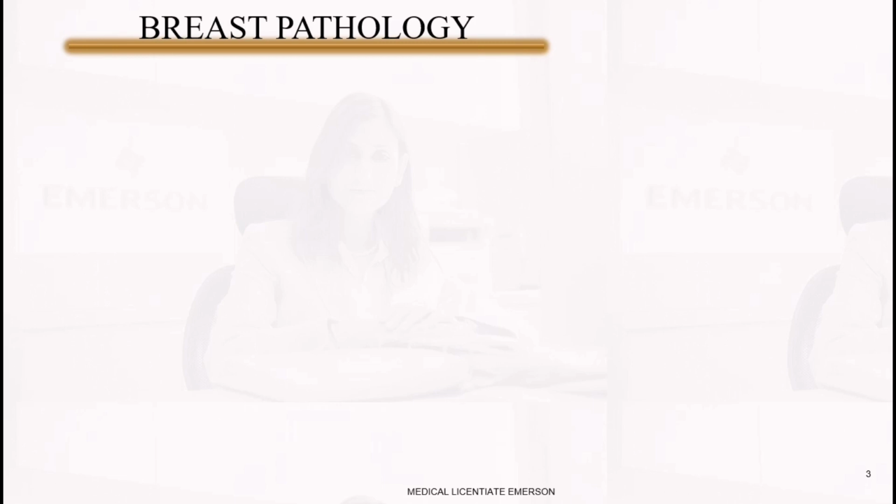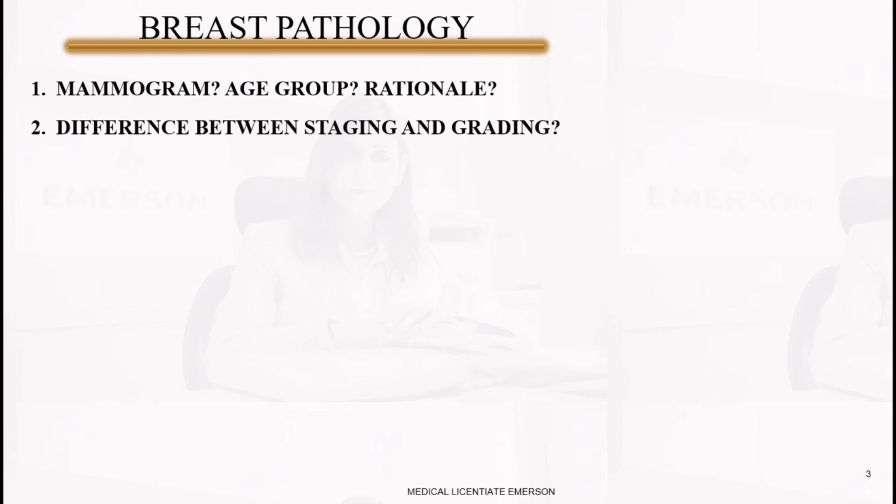Then we go to breast pathology. Mammogram, age group and rationale. Everyone knows that ultrasound is for less than 35, then mammogram for more than 35. So why is 35 the cutoff age group? What's the rationale?